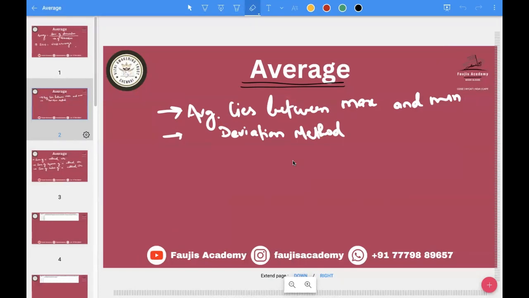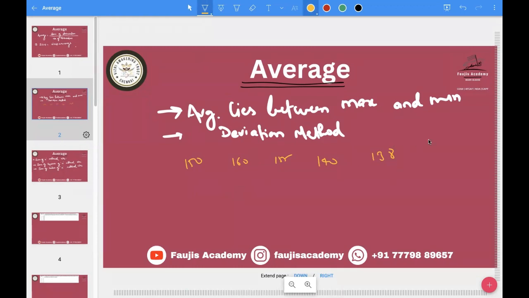Excuse me, sir. Yes, buddy. So do we have to take the assumed average as the smallest term of the series? No, you can take any number. Let's say you had 150, 160, 150, 140. Aryan, what number should we assume?